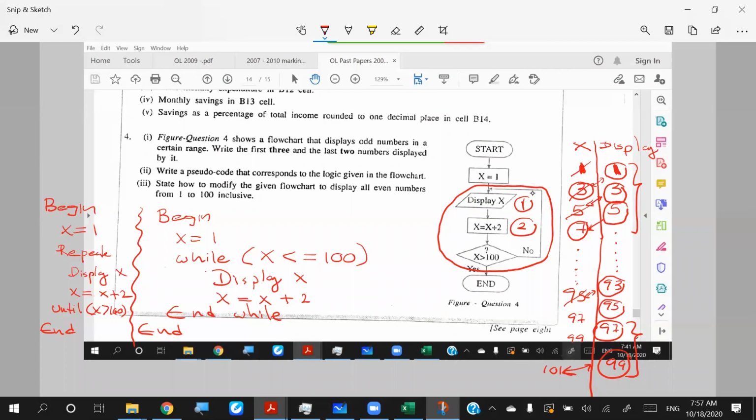Right? So it's better you take the logic. Right? Okay, so I think it's clear with you people, right? So the marking part, if you have written the pseudocode correctly, you can have 3 marks for that, right?